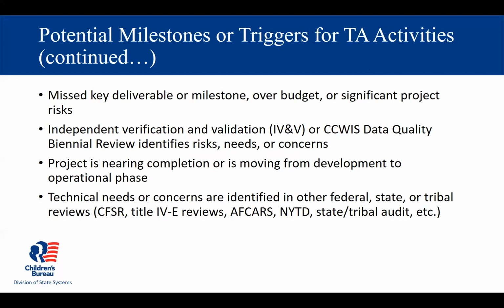But these triggers are the most common kinds of things that you might see, like maybe you didn't achieve what you told us you would in the APD, maybe you had a barrier or something that happened. Or maybe you're getting near the end of development and you want a TA monitoring review, that will be a mock review or a precursor to what the CAR would be. So again, we can resolve those issues before you actually have your CAR and be in good shape by the time the CAR would come. Next slide, please.